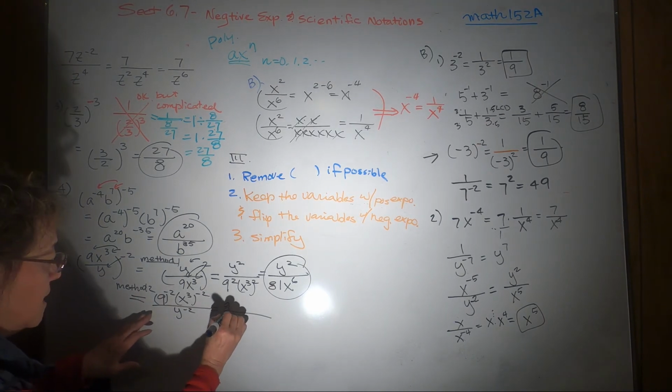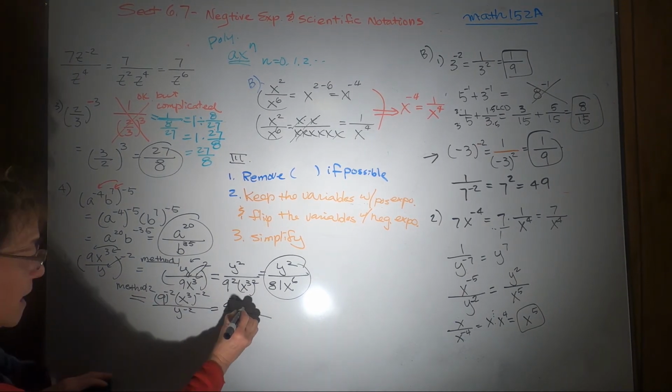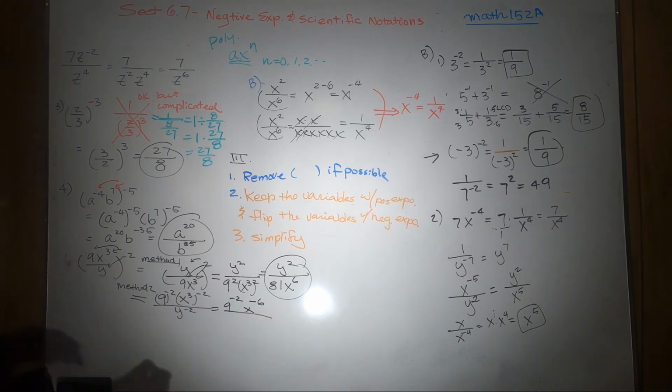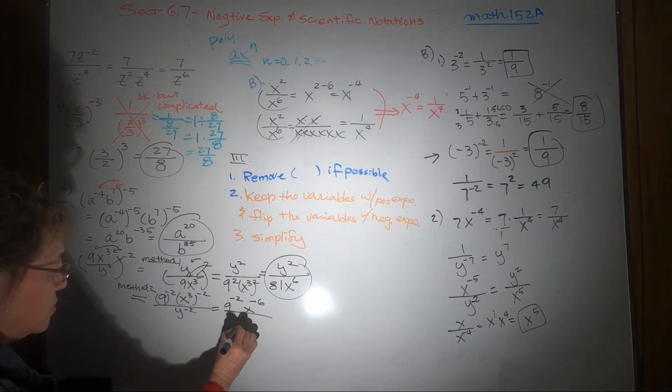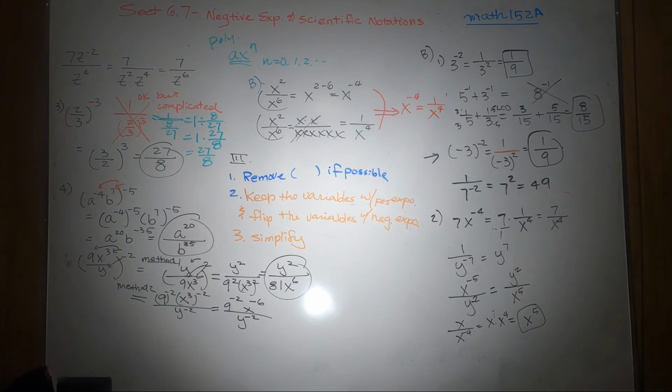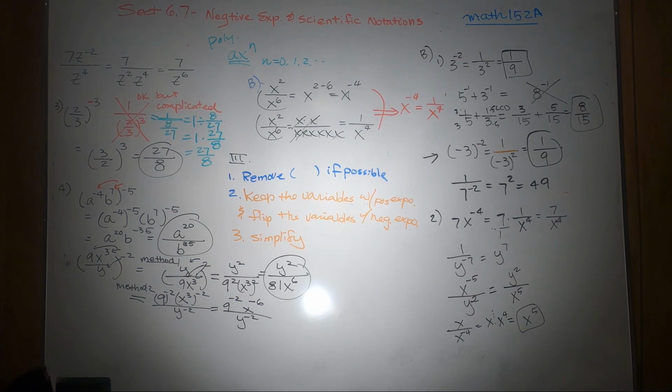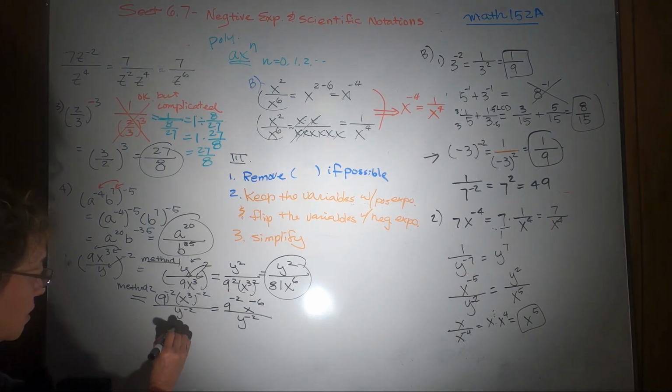So 9 to the -2, x to what? -6, y to what? -2, right? Then we flip the things with negative exponents. So what do we have?